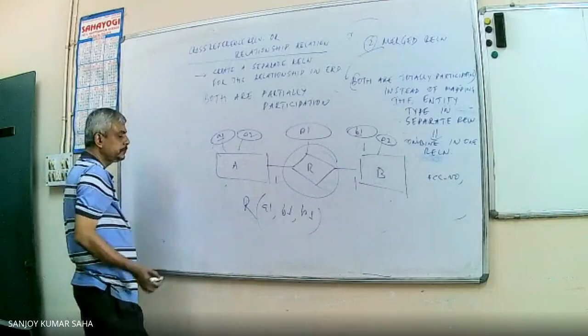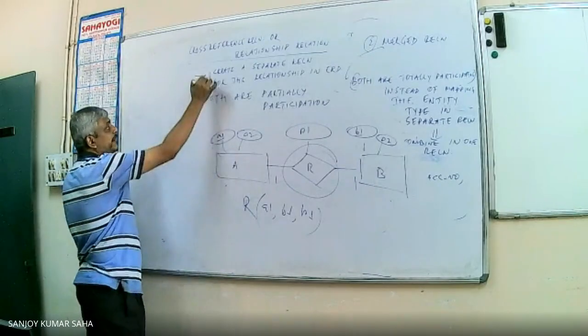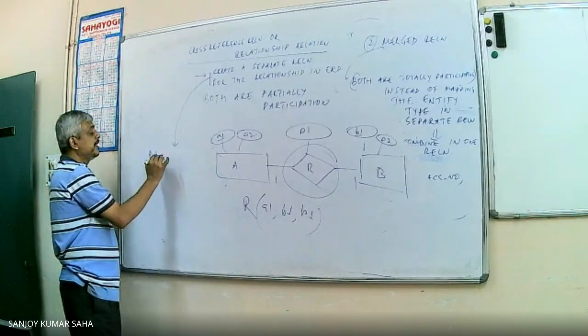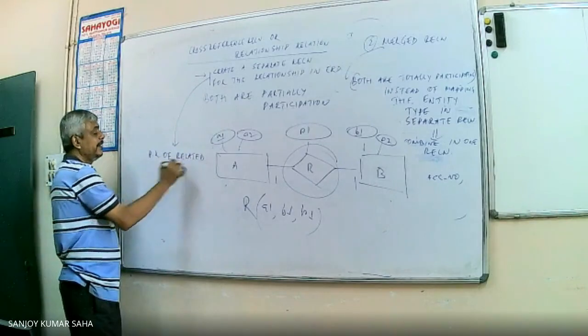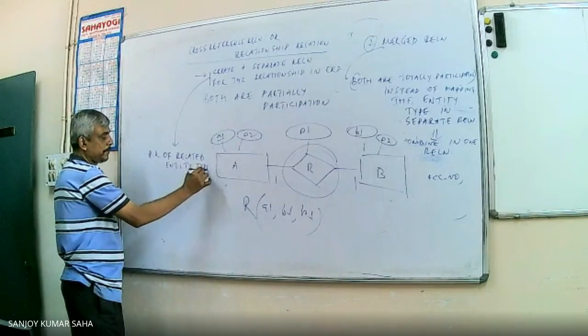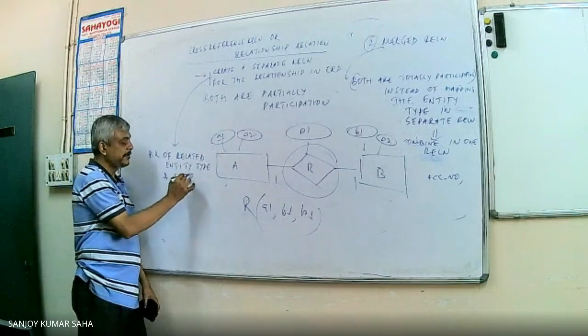So whenever we are creating the new relation, it will have the primary keys of the related entity types and its own attributes.